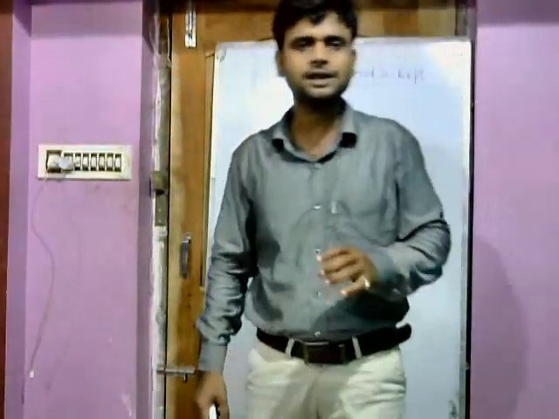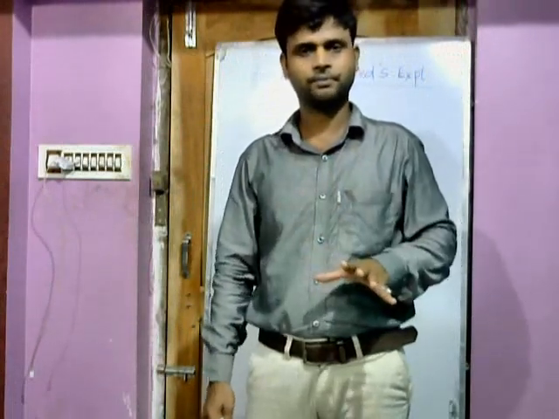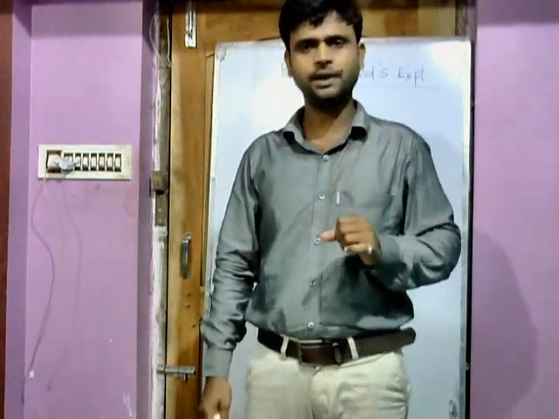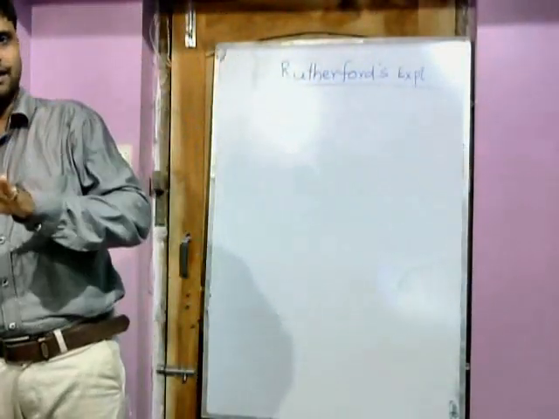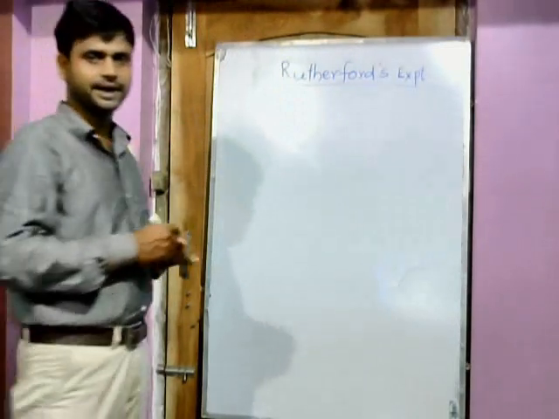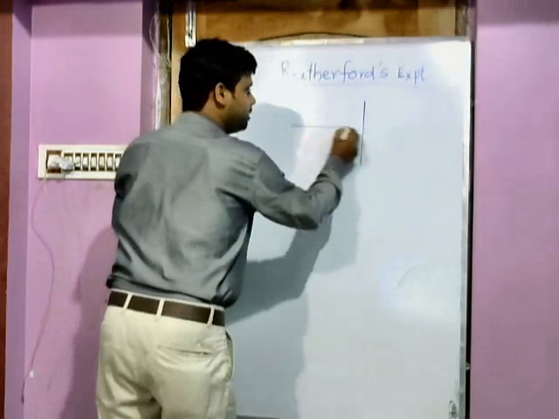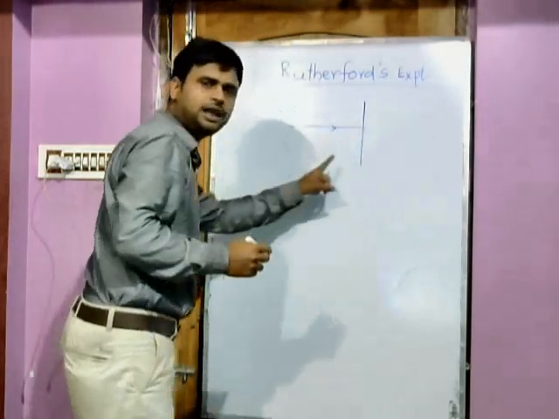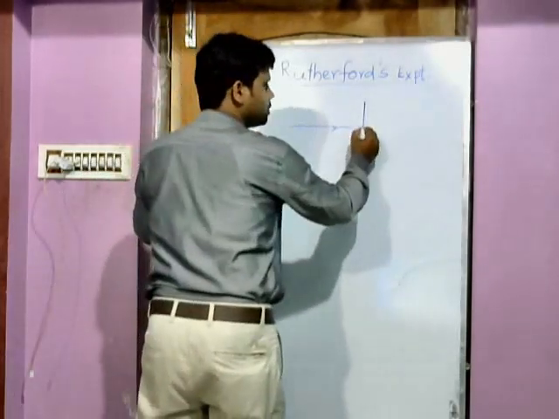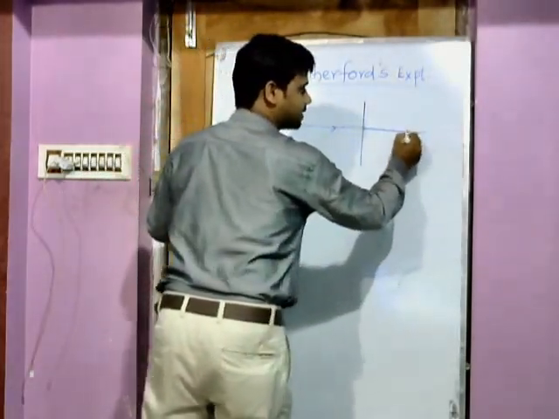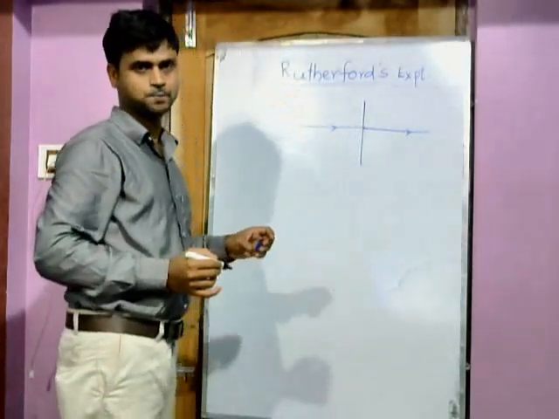Students, in the previous class we discussed Rutherford's experiment. In this experiment, Hans Geiger and Marsden bombarded a very fine beam of alpha rays on a thin gold foil and observed that most of the alpha particles passed straight through the gold foil without suffering any deviation.